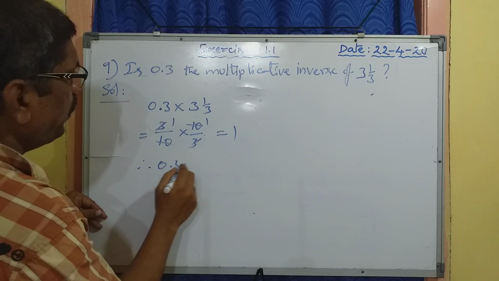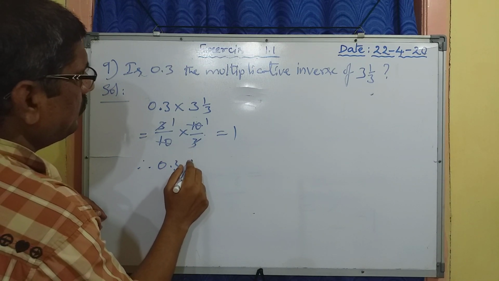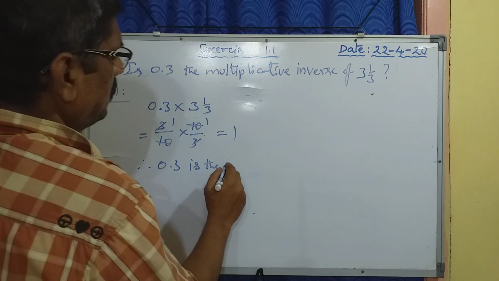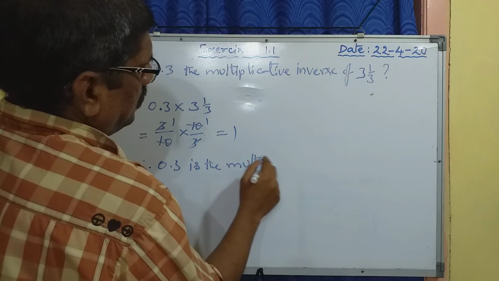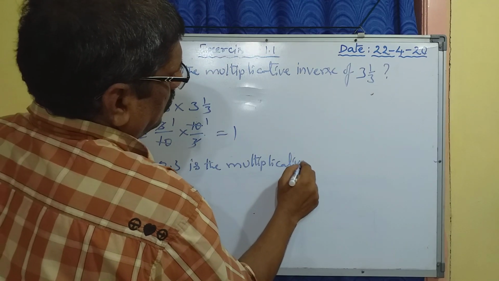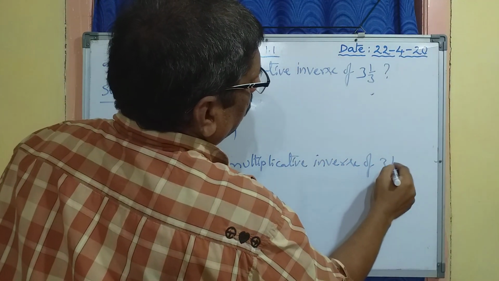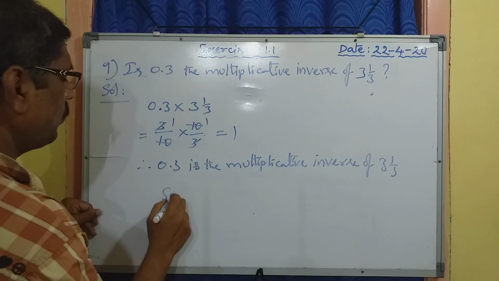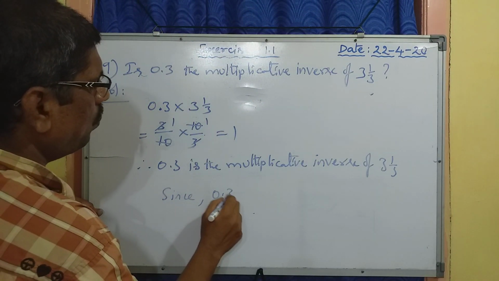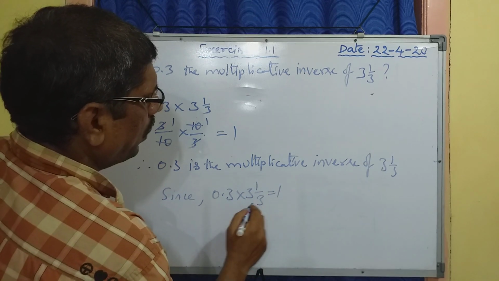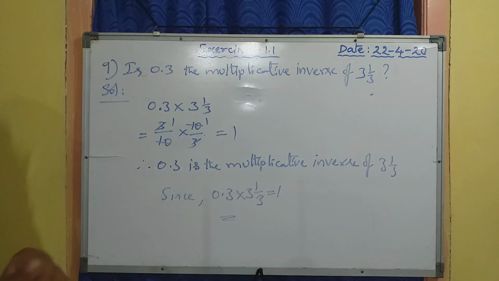Therefore 0.3 is the multiplicative inverse of 3 1 by 3, since 0.3 into 3 1 by 3 is equal to 1.